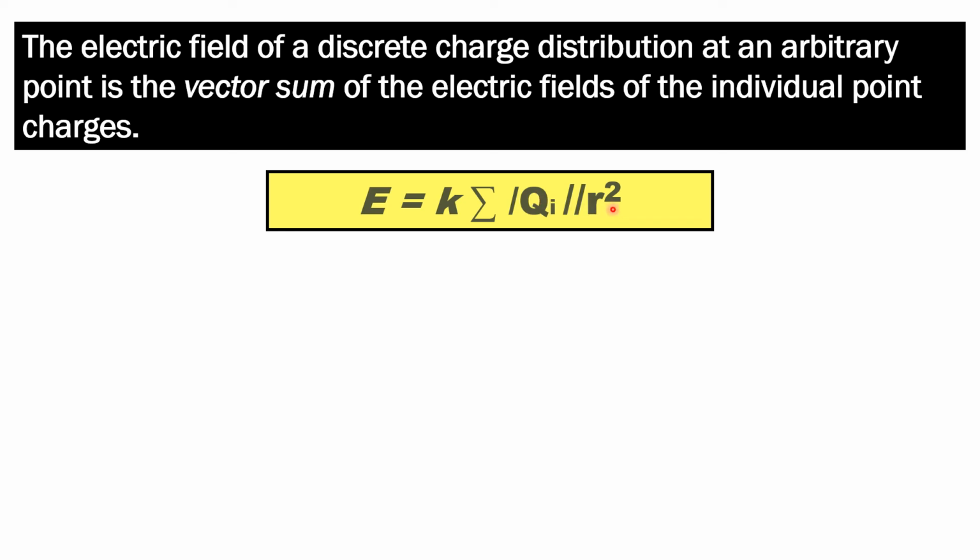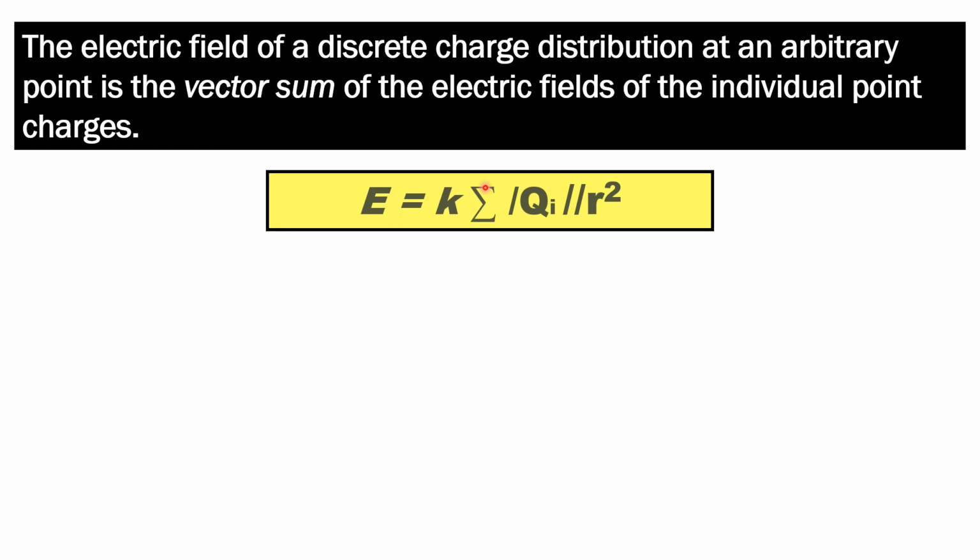So if there are two center charges, each charge will have a certain value for r, and we simply add them after dividing q by r squared, since they have a common constant k, we just use this notation.